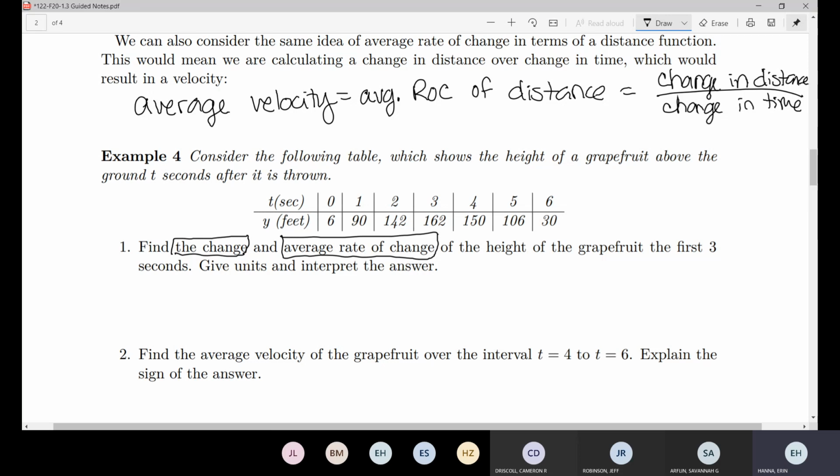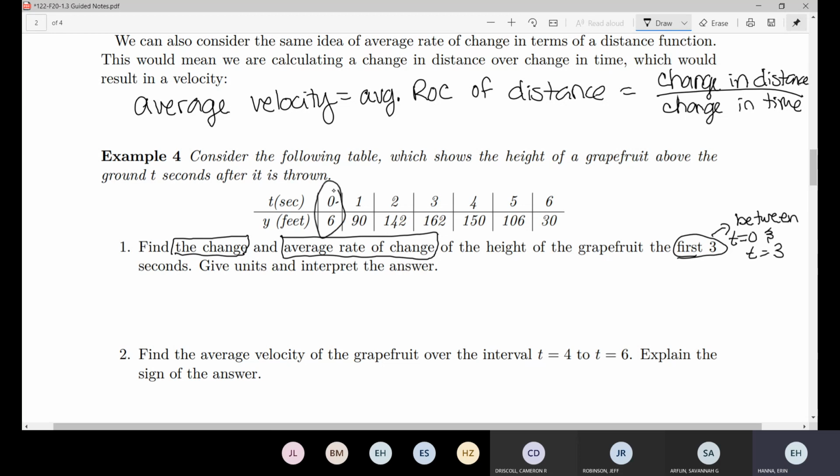The change literally just means, the first 3 seconds is going to be between t equals 0 and t equals 3, right? The first 3 seconds means when you start up into the 3rd second. If I just want the change in height in that time, I just literally want to know how high was it when it started, how high was it when it ended, what's the difference between those two numbers.